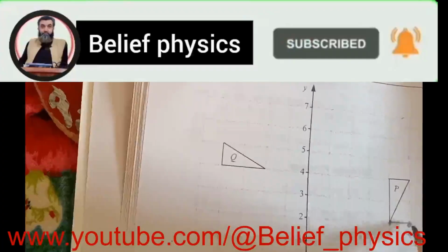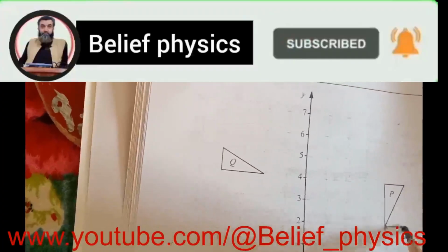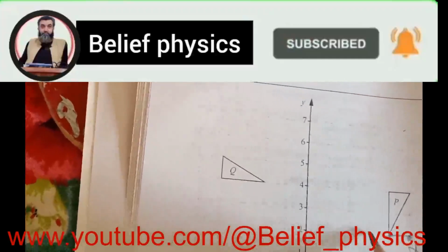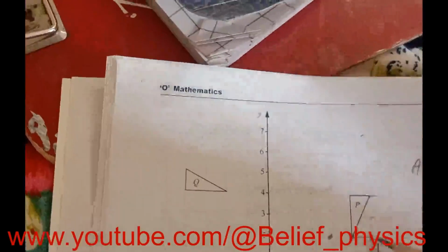Its image under the enlargement scale factor 2 will be at distance double of this distance from X. This is 1, this is 2, so this is the image of this point. Similarly, this is 2 boxes here, so image will be 4 boxes from here, because since scale factor is positive, it is on the same side. 1, 2, 3, 4, so it is here. This is the image of this point.